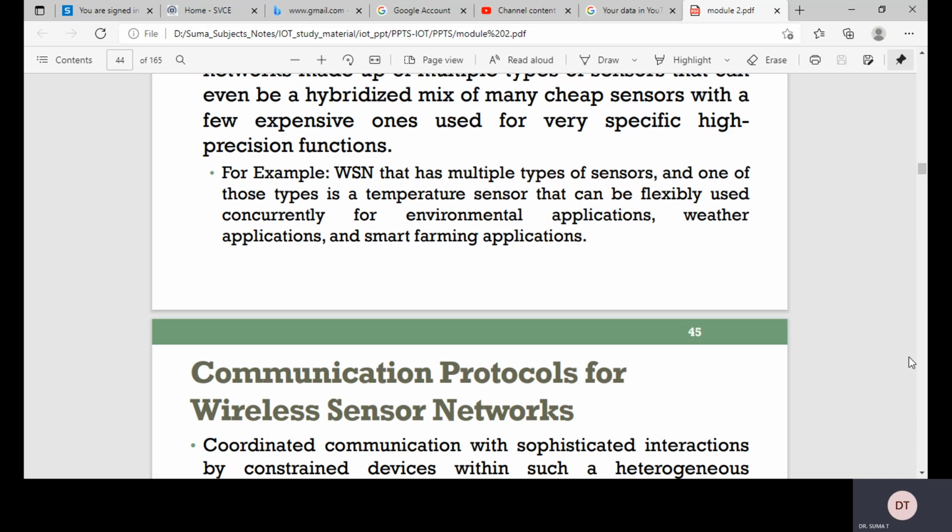WSNs are also evolving from single purpose networks to more flexible multi-purpose networks that can use specific sensor types for multiple different applications at any given time.